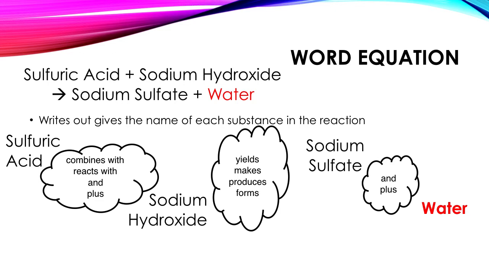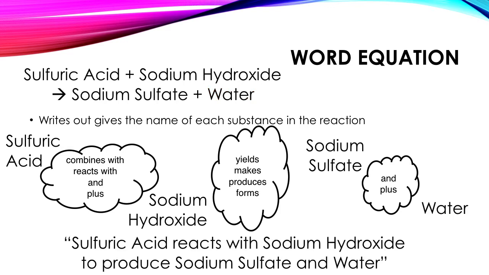And so if we were going to form this into a sentence, the sentence would look something like: sulfuric acid reacts with sodium hydroxide to produce sodium sulfate and water.